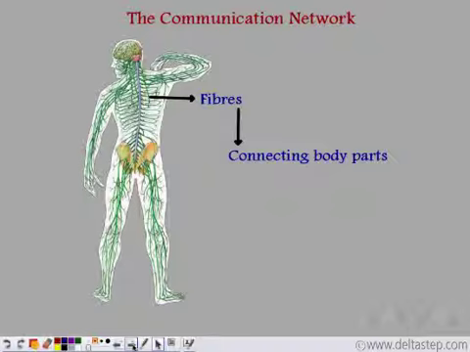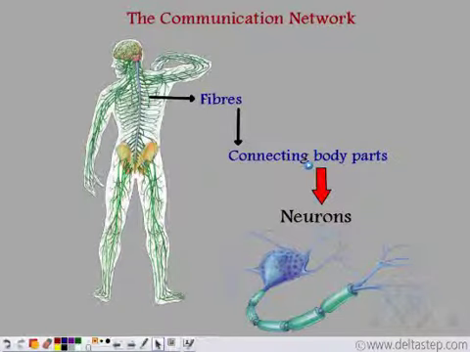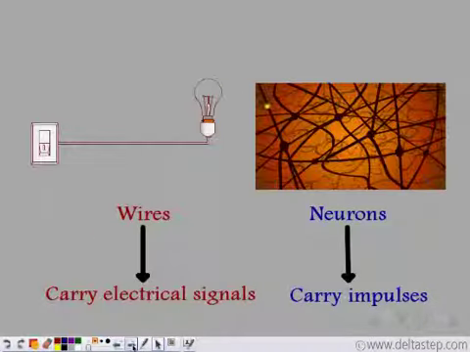And these fiber-like structures that form a connecting network in the body are known as the neurons. Just like a wire carries electrical signals from a switch to the bulb, these neurons carry impulses or messages to the different parts of the body because they form a connecting network.